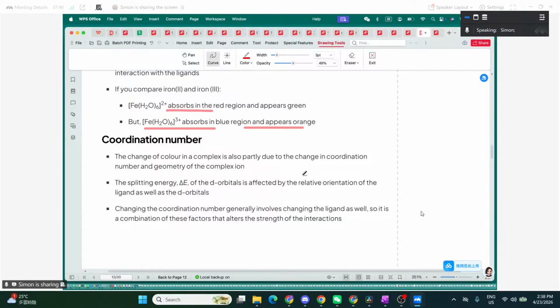If we change the coordination number, it generally involves changing the ligand as well. So it is the combination of these factors, the order and the strength of the interaction.